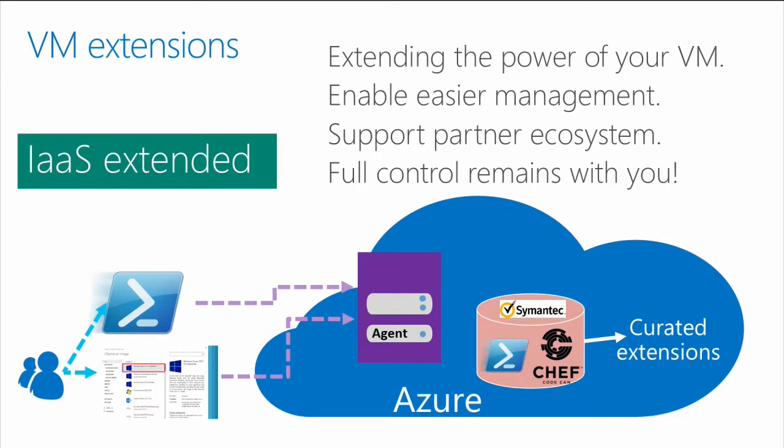When you select to apply an extension, here we've actually selected to apply the Symantec and PowerShell extensions. Those will be brought into your virtual machine from the curated repository that is available in Azure and then run on the machine. And we'll show here in just a moment how you can actually use this within Azure from the portal to extend the power of your virtual machine.